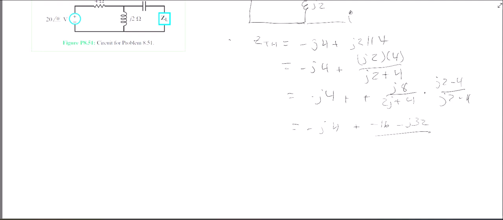Nope, this should have been minus J2 plus 4, because to multiply by the conjugate, it's plus 16 plus J32, and then that would be 4 plus 16. Minus J4 plus J32 plus 16 over 20.